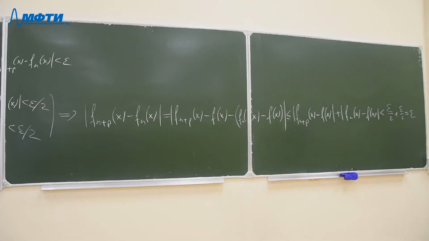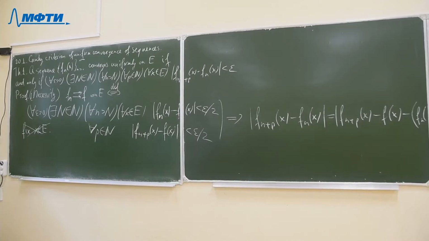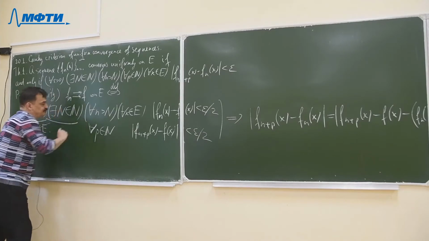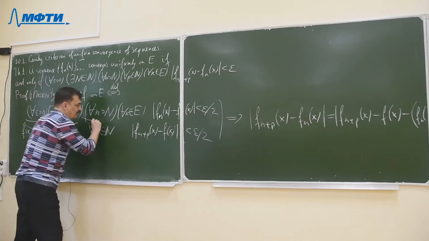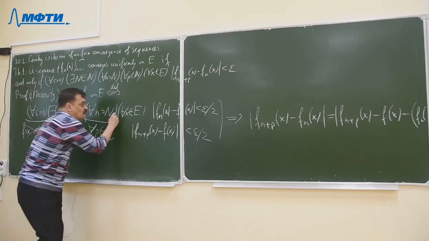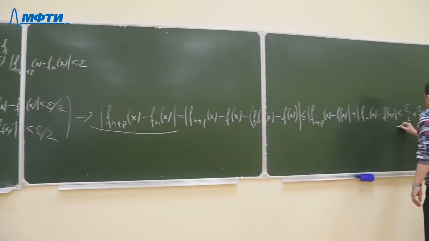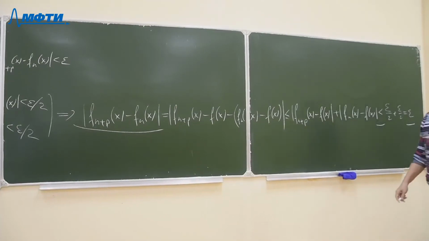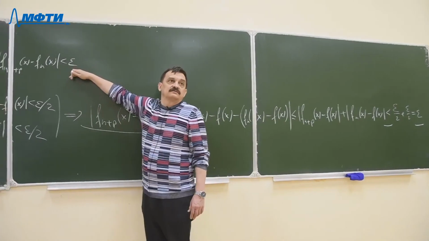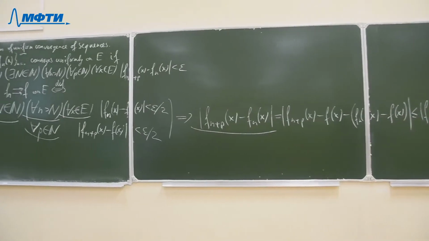Now forget about those fixings and so on, and let us analyze what we have as a chain of quantifiers. For arbitrary epsilon, we found capital N such that for all little n greater than capital N, for all natural p, and for all x in E, we have the inequality |f_{n+p}(x) - f_n(x)| less than epsilon. So what is underlined is precisely the line which we wanted. So we obtained it, right? Okay, necessity is proved.